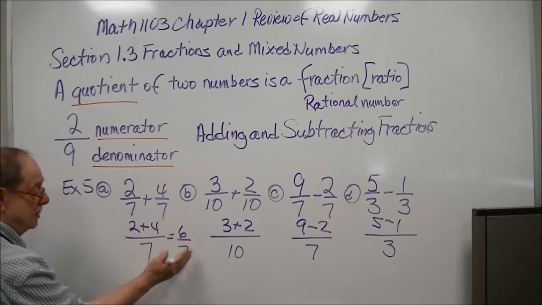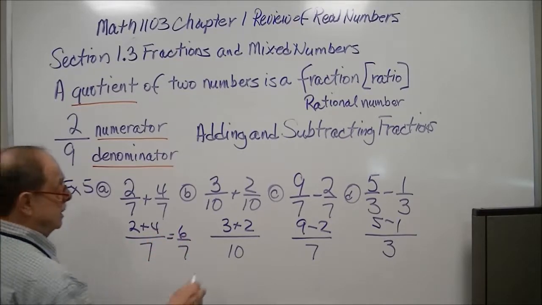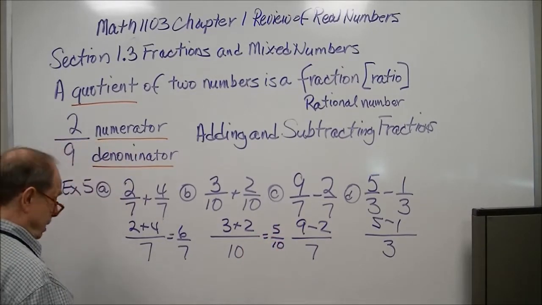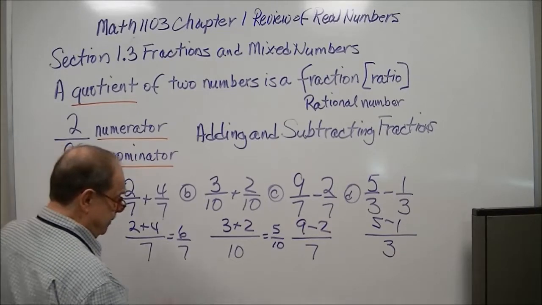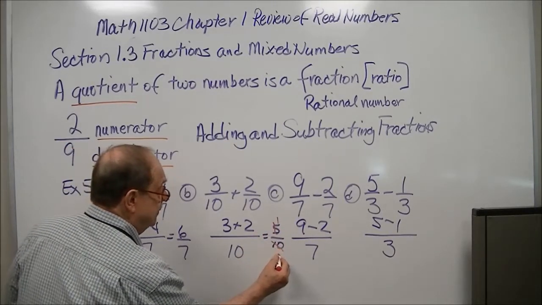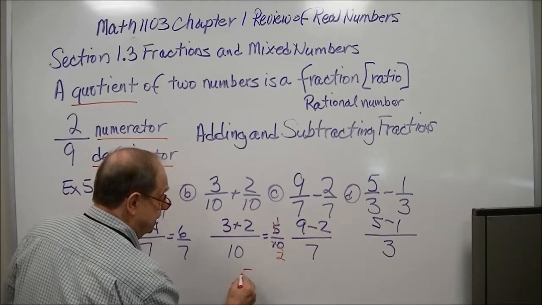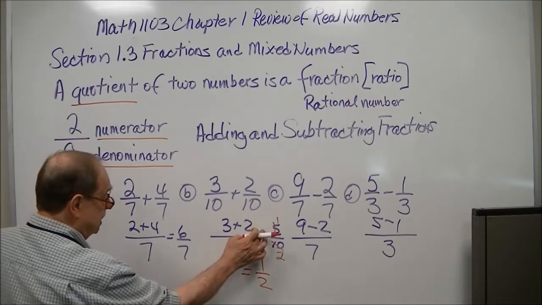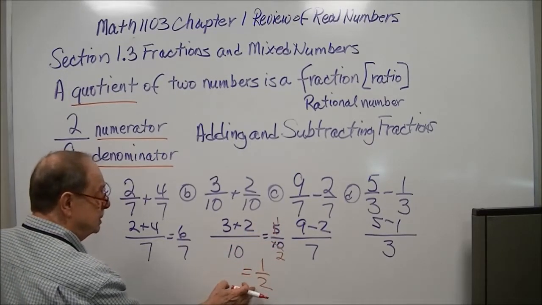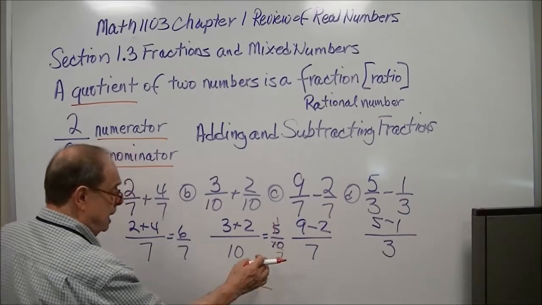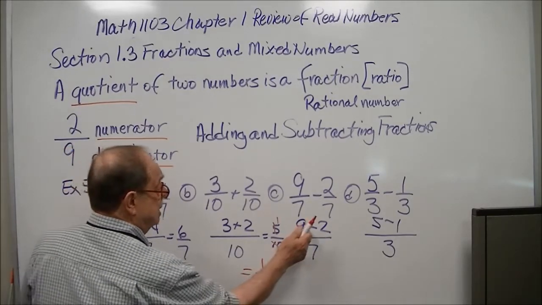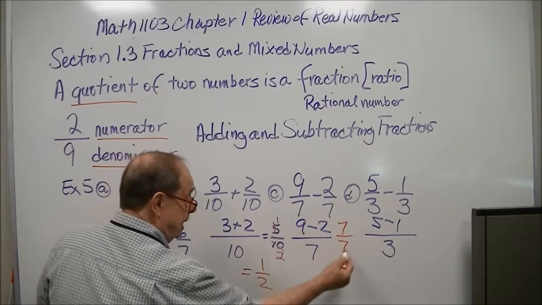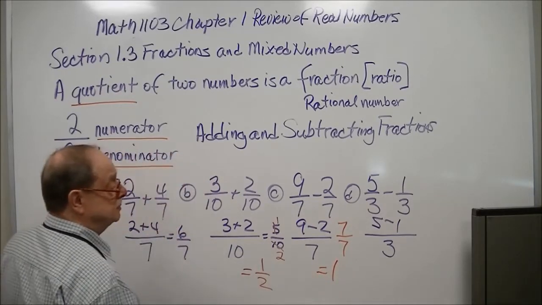And we don't see any common factors that we could simplify. This is going to become 5 over 10, but here we see we could take a 5 out of there and a 5 out of there to simplify, and this eventually becomes 1/2. So again, part of the answer is you need to simplify. Now notice here we get 9 minus 2 is 7 over 7, and that simplifies to just 1.